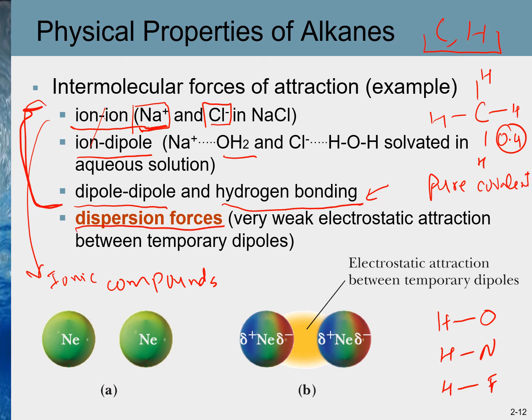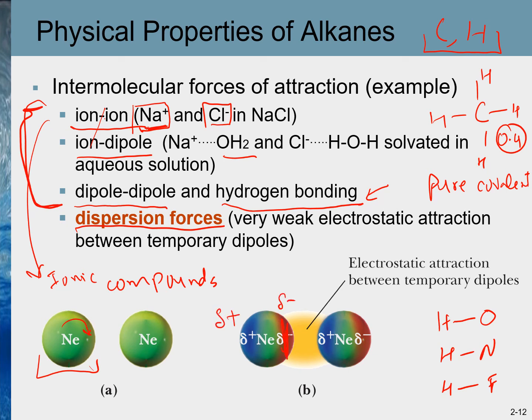London dispersion force is an extremely weak electrostatic interaction which arises due to a temporary shift of electron cloud in the molecule. For example, in case of a neon atom, if the electron cloud temporarily shifts to one side, that side becomes negative and the other side becomes positive.